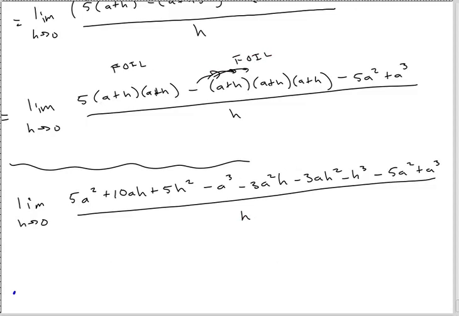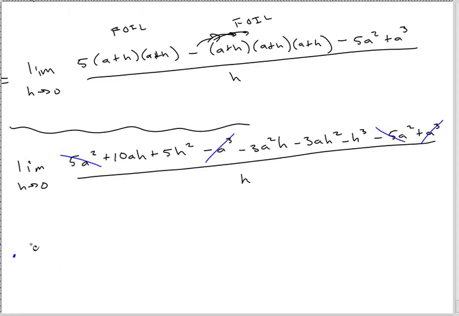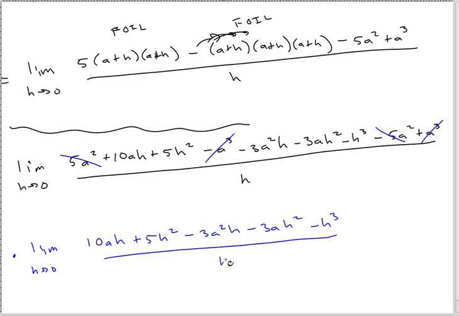But now that it's written out, I can cancel things that look similar. So 10ah plus 5h squared minus 3a squared h minus 3ah squared minus h cubed, divided by h.